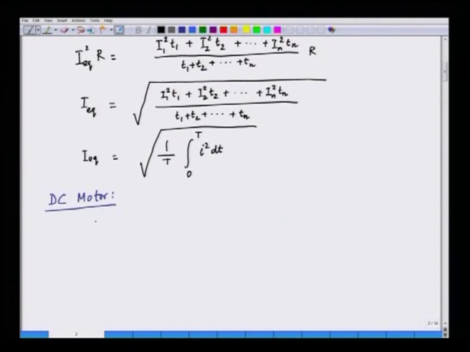Usually what we do here, the first step is to choose I rated to be the next higher available current rating. So, we choose I rated based on the next higher available current rating.